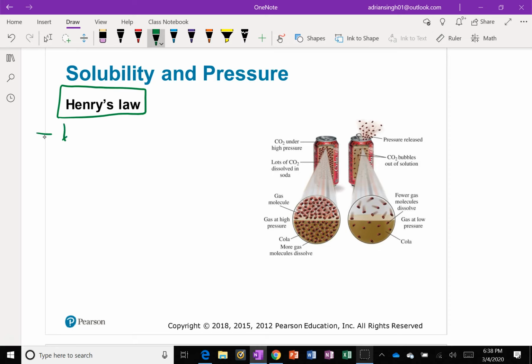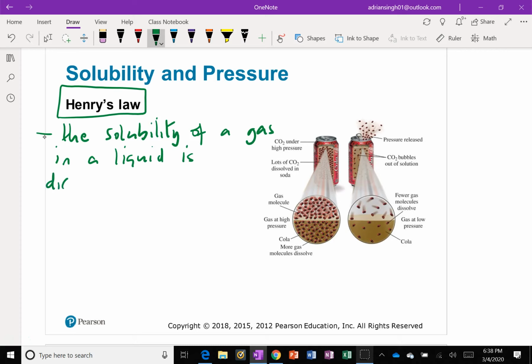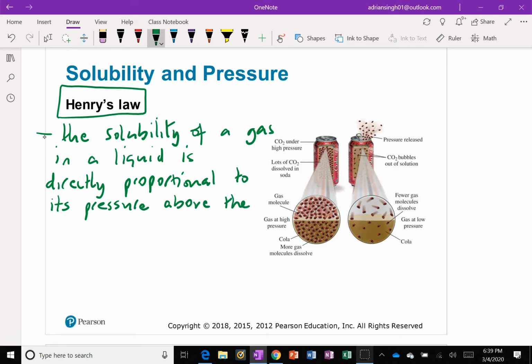All right, so Henry's law is pretty simple. It says that the solubility of a gas in a liquid is directly proportional to its pressure above the liquid.